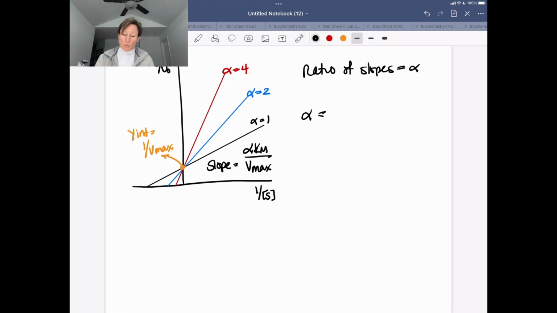Remember that alpha is equal to 1 plus the inhibitor concentration over the Ki value. This alpha term is something we can get from the ratio of the slopes, so now it becomes a known variable in this equation. We can plug it in over here, and because we know the concentration of inhibitor that we used in the experiment, that is also a known value.